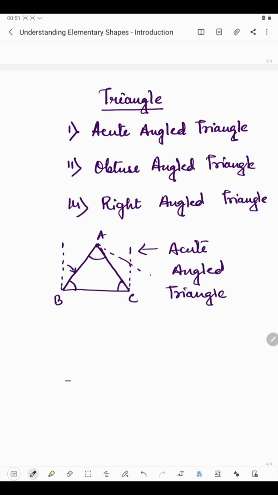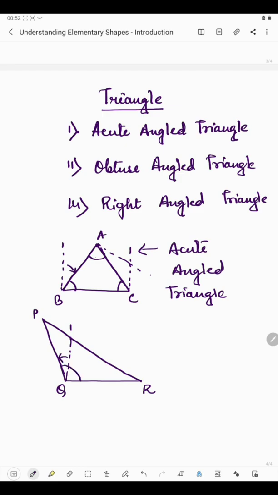Now if I draw the triangle like this, say this is PQR. Now here if I draw a perpendicular line, then it makes 90 degrees, and see this line is going beyond 90 degrees.